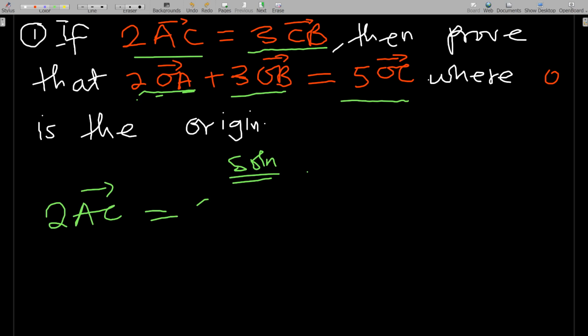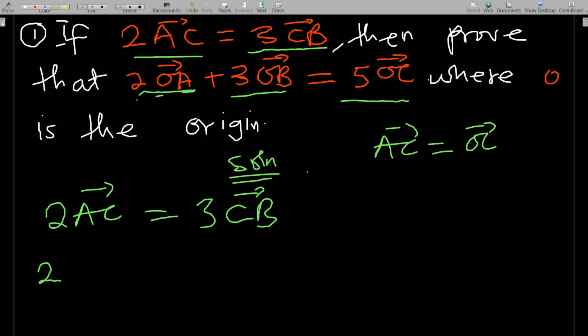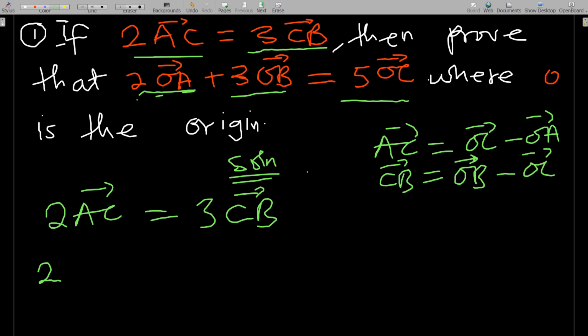To start, we have to convert AC into its position vector, which is OC minus OA. And also we have to convert CB into its position vector, which is OB minus OC.